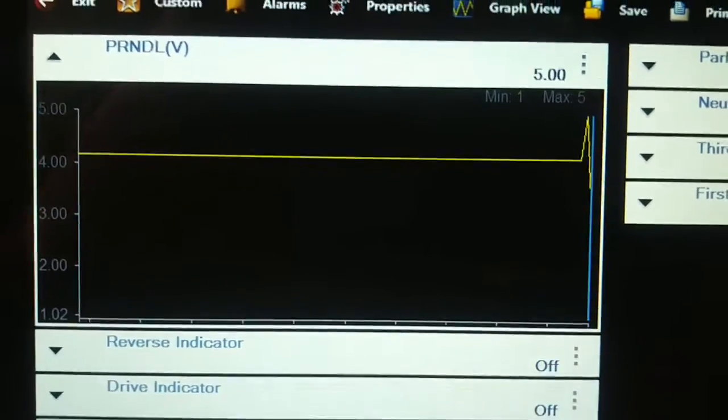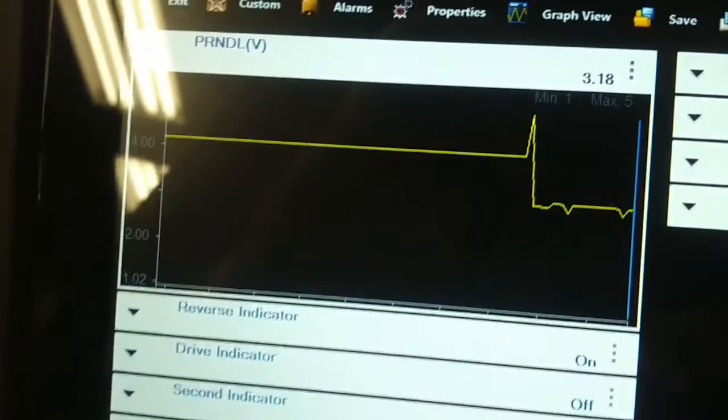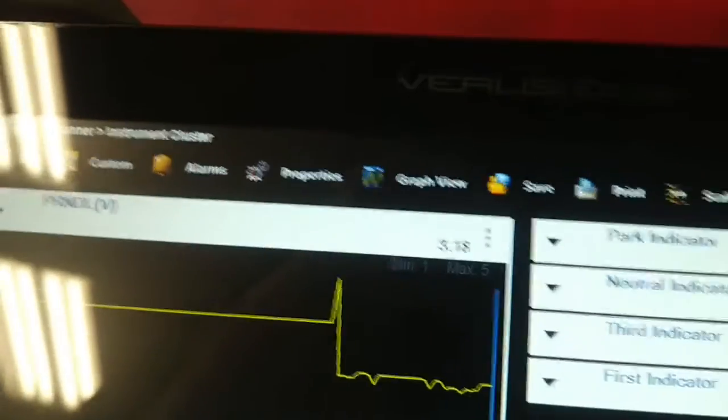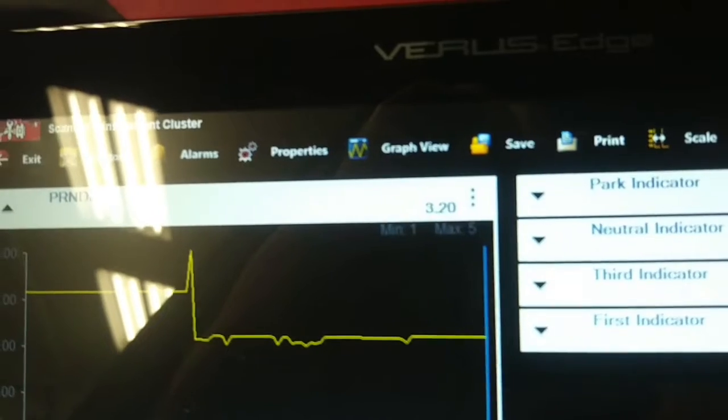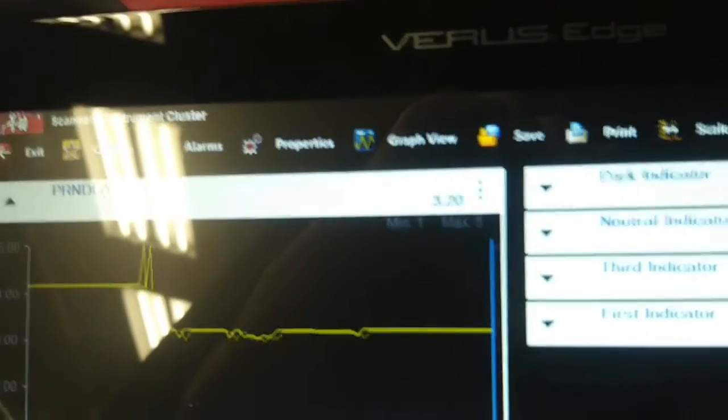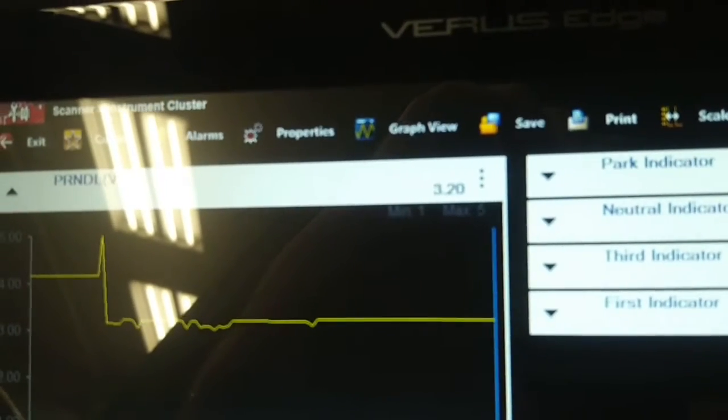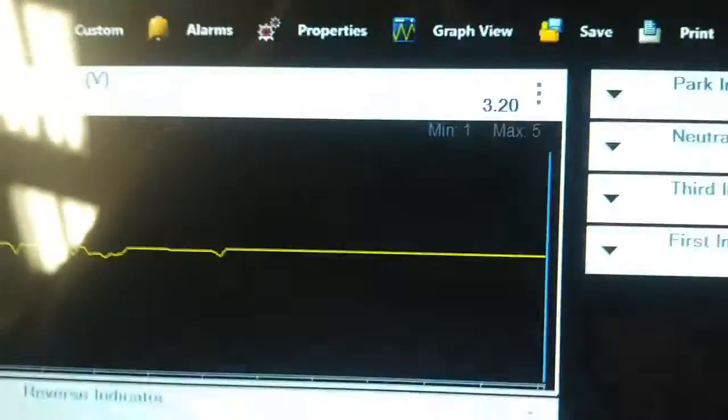When I put it in reverse, hard to do this with one hand. You get that spike, and then it drops to 3.16 volts, and it's actually indicating reverse now. There's neutral, and there's no indication on the instrument cluster that it's in neutral. And the voltage did not change.